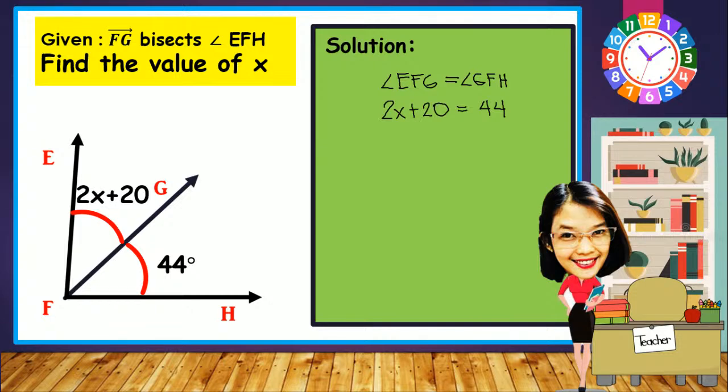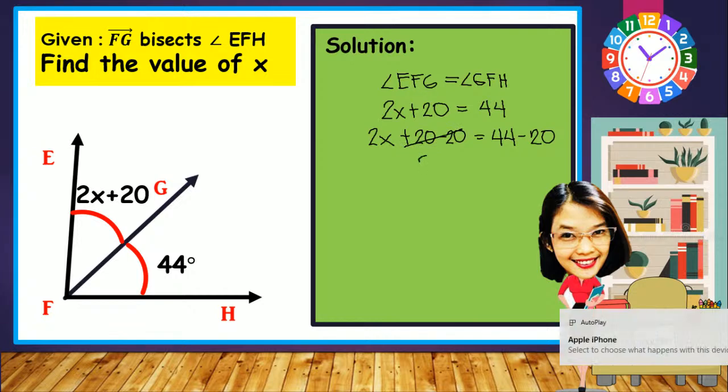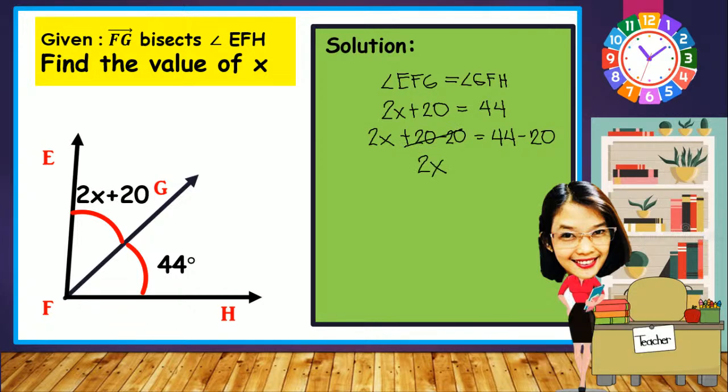We will subtract 20 on both sides of the equation. So, 2x plus 20 minus 20 is equal to 44 minus 20. So, what's left? We only have here 2x. I will just remove. 2x is equal to 24.